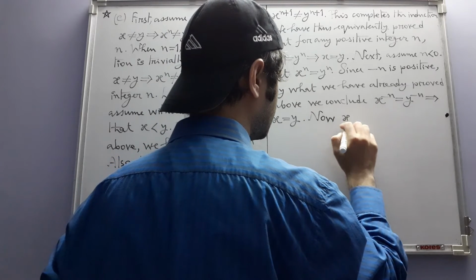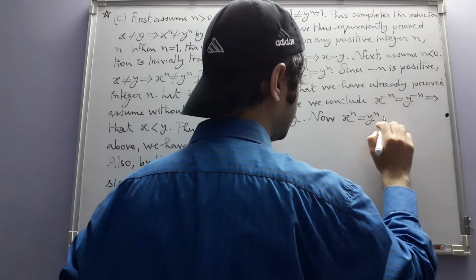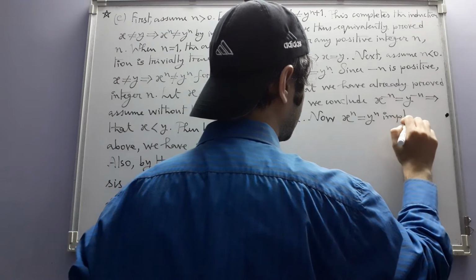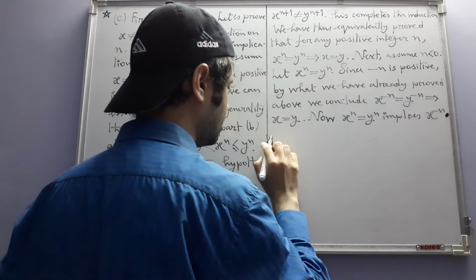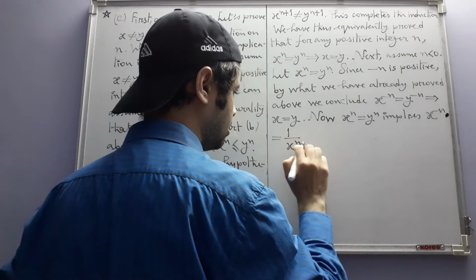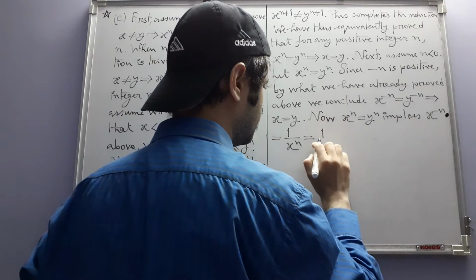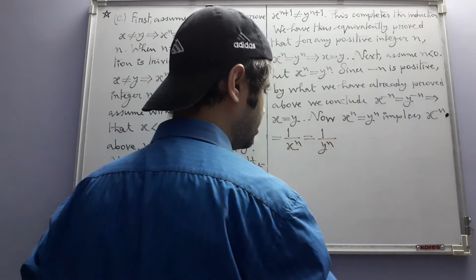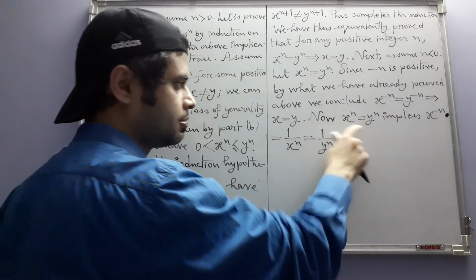Now, x to the power n equal to y to the power n implies x to the power minus n equal to 1 by x to the power n. This is equal to 1 by y to the power n, and in writing this equality we have used this.